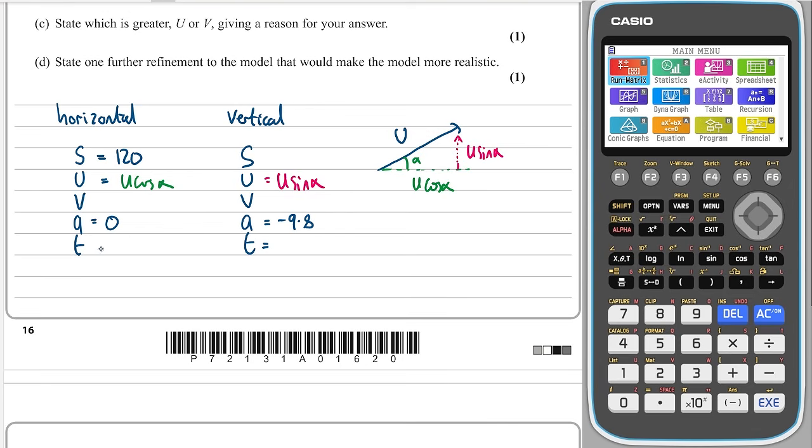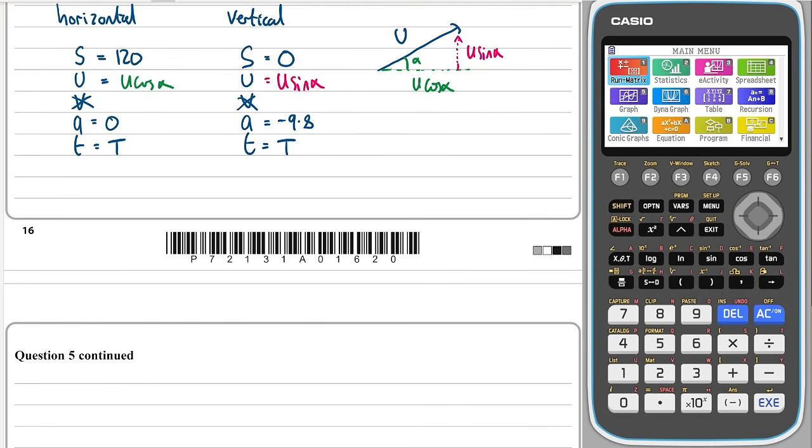Now we also know that the times are going to be the same because we're analysing the same point. And we know that on the vertical it's going to go up and then back down to 0. So we can get rid of the v's and use our good old trusty formula, s equals ut plus a half at squared.